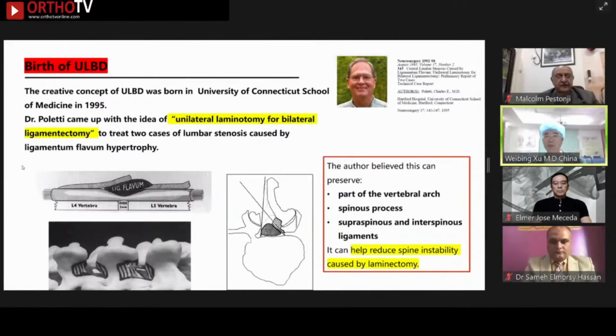The author believes this can preserve parts of the vertebral arch and the spinous process. It can also preserve the supraspinous and interspinous ligaments, so it can reduce the spine instability caused by wide laminectomy.